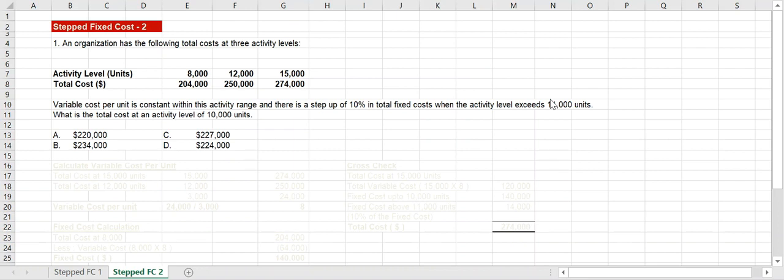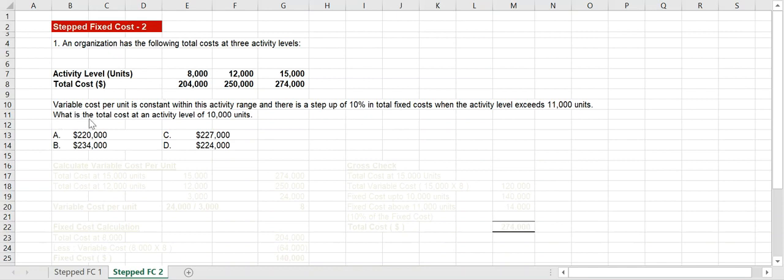In addition to that, there is a statement given: variable cost per unit is constant within this activity range, and there is a step up of 10% in total fixed cost when the activity level exceeds 11,000 units. So up to 11,000 units, the fixed cost is constant. Thereafter, once it exceeds 11,000 units, fixed cost will increase by 10%.